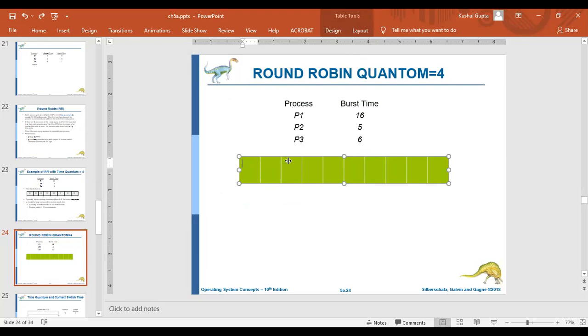Now, which process will run first? Obviously P1. P1 we will execute.